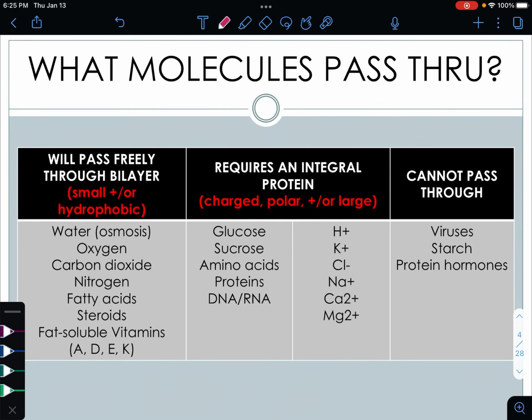This is just an example of some things that can pass in and out of the membrane. So on the left, we have things like water, oxygen gas, carbon dioxide. These are things that can pass through the membrane relatively easily. And then on the middle and right-hand side, these are some things that either need a little bit of help to pass through or cannot go through.